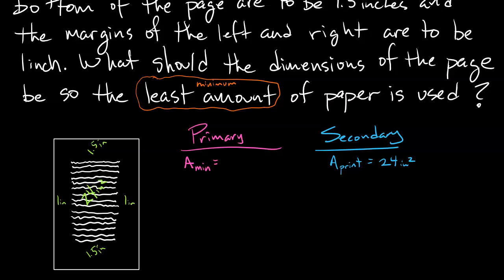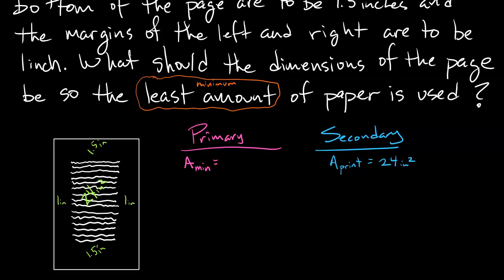Now here's where we kind of have options. Oh, go for it. Say it again. Yes, because the least amount of paper would be the smallest actual paper size, which would be area. That's just what the amount means.